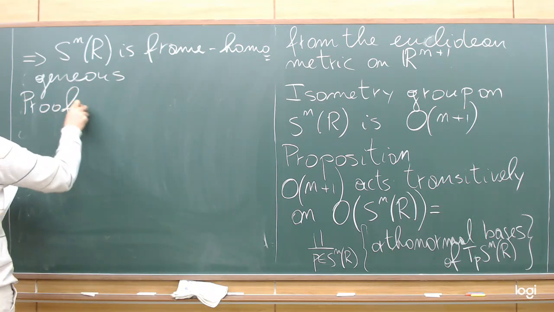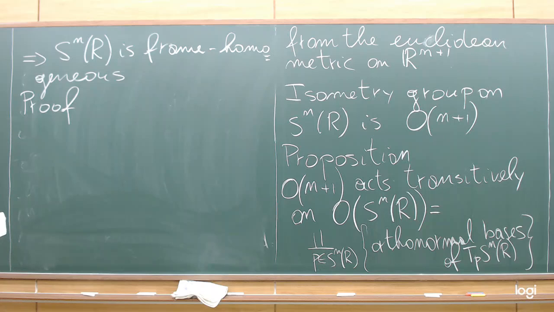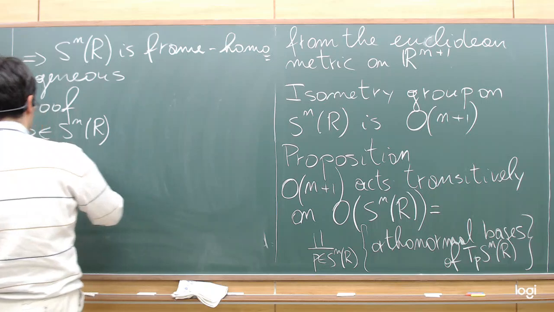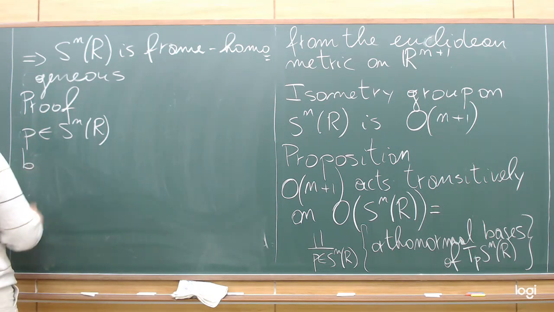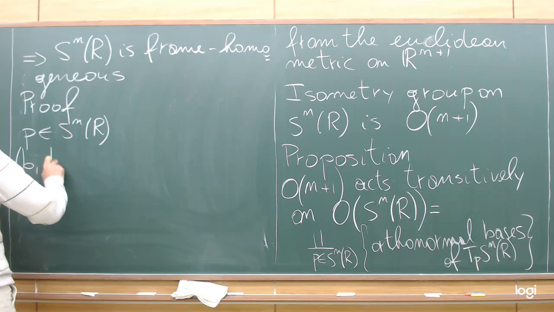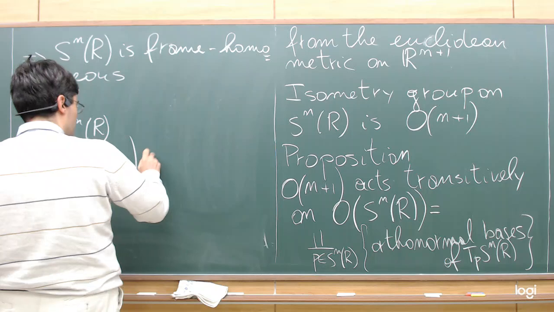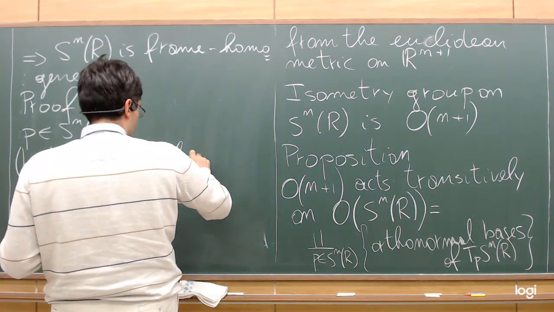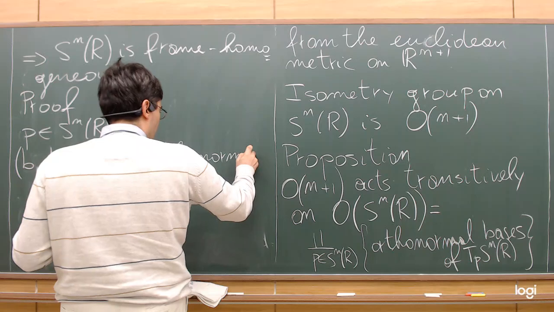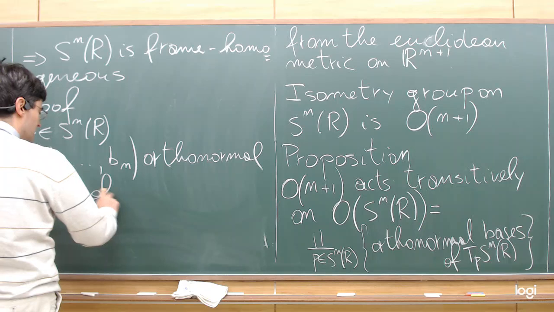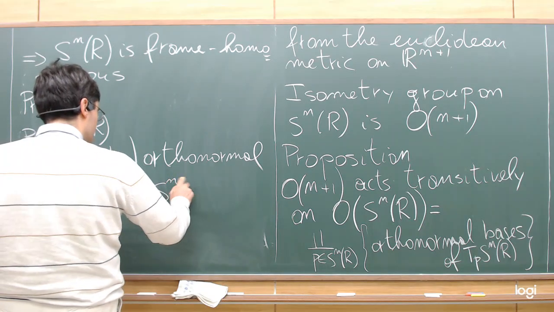How to prove this result? Suppose that P is a point of S^n_R, and B_1, B_2, ..., B_n is an orthonormal basis of T_P S^n_R.